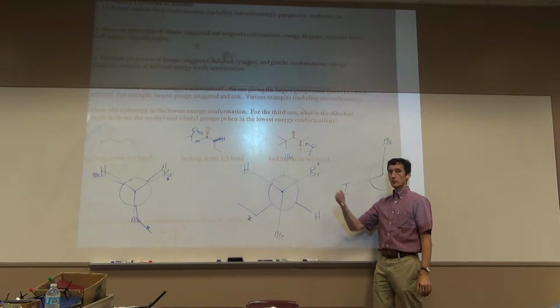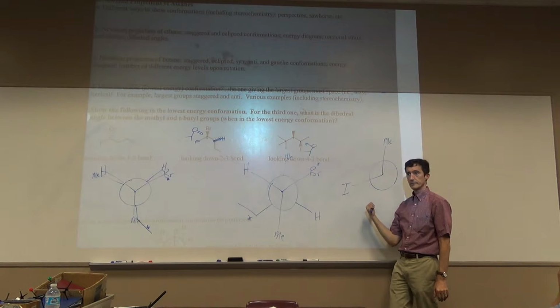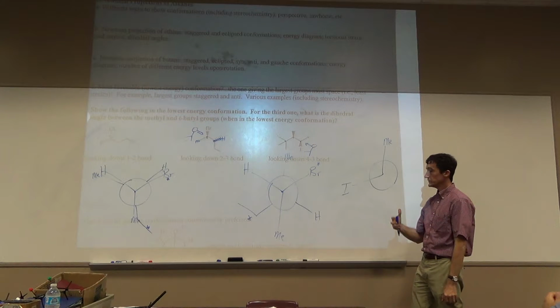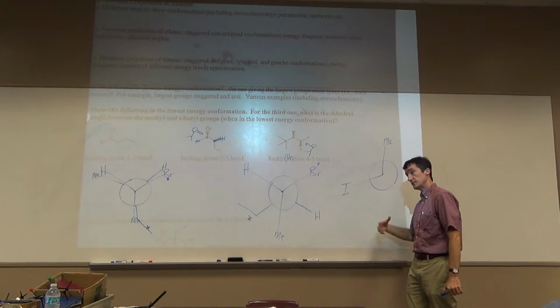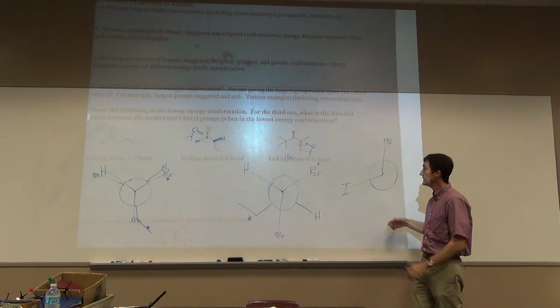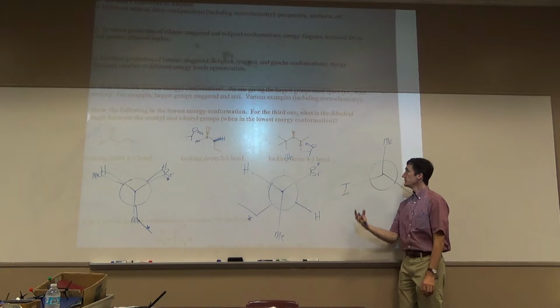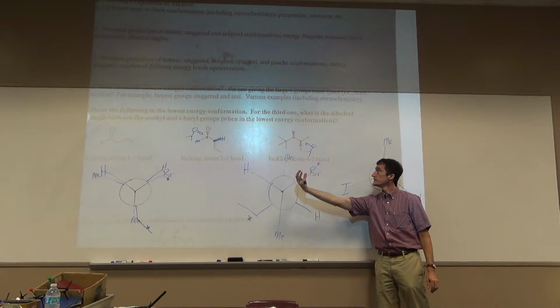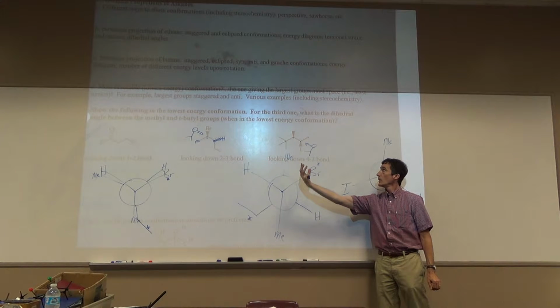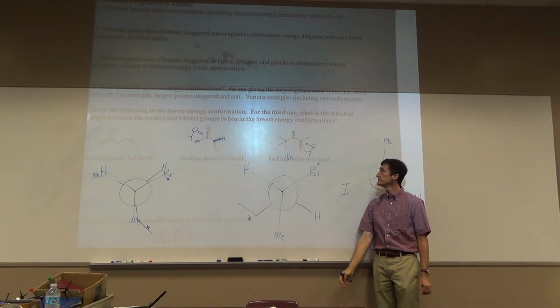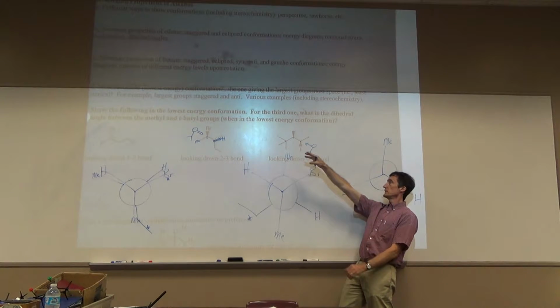What's on carbon 4 going behind the board? Since it's going behind the board and I'm looking this way, behind the board's on my right. Okay. Carbon 3 is over here. What's on carbon 3 in the plane? Is there something going straight up or straight down? I'm looking like this.